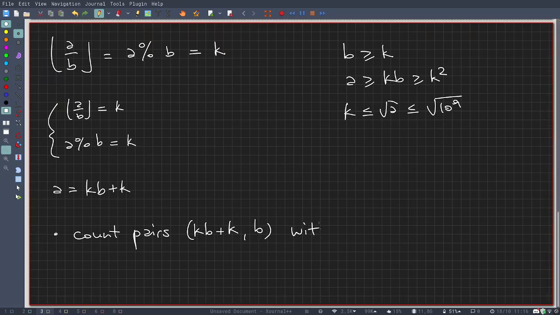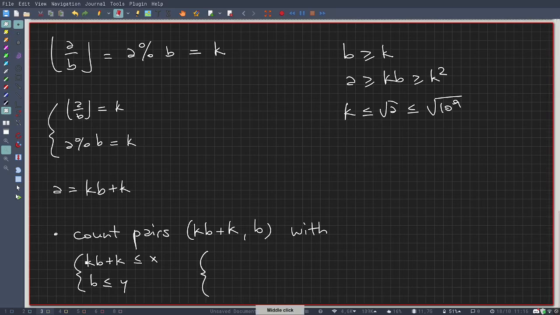with a must be at most x and b must be at most y. But now it's just calculations, not so interesting. We can rearrange stuff. This becomes k times b plus 1. So we want to count the number of valid b.